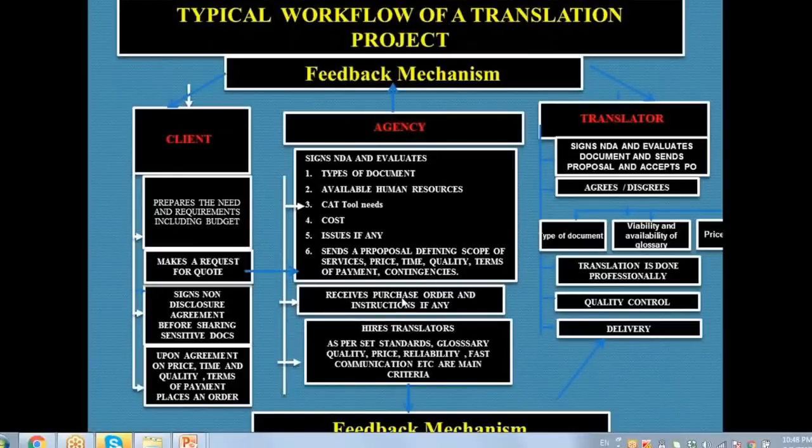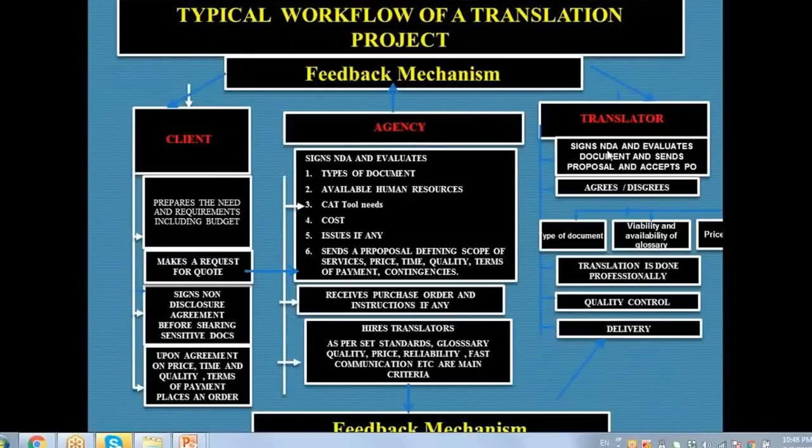Once they receive the purchase order, they hire the translators and give instructions. While giving instructions to the translators, they may give instructions related to quality standards, they may supply some glossary, or they may ask the translator to prepare a glossary and send it to the client for approval. All these basic things are done, then the translator comes into the picture.